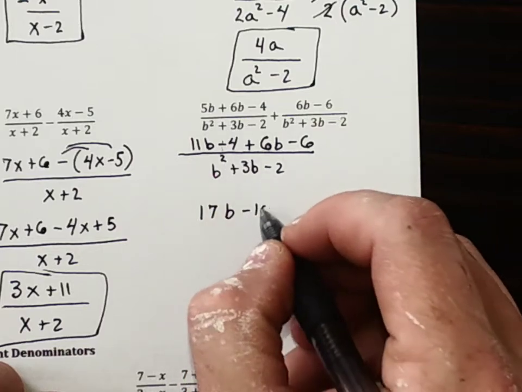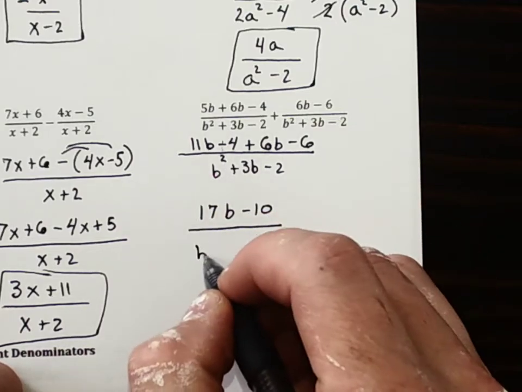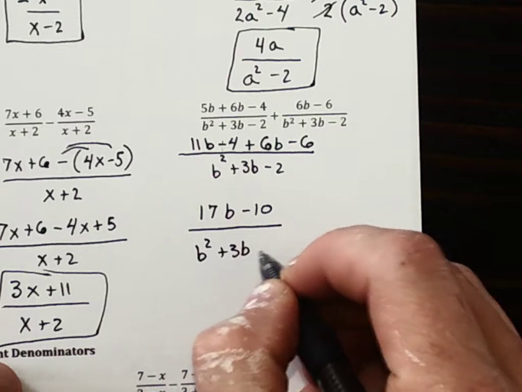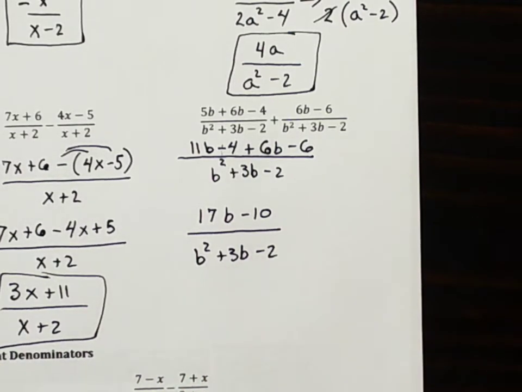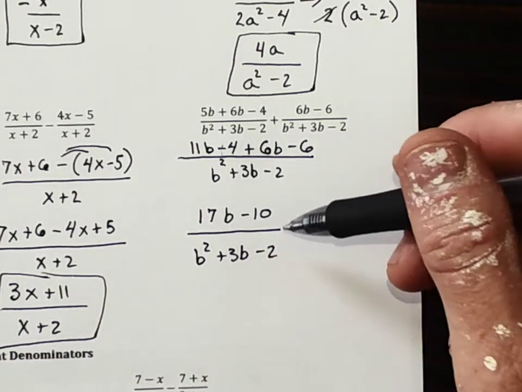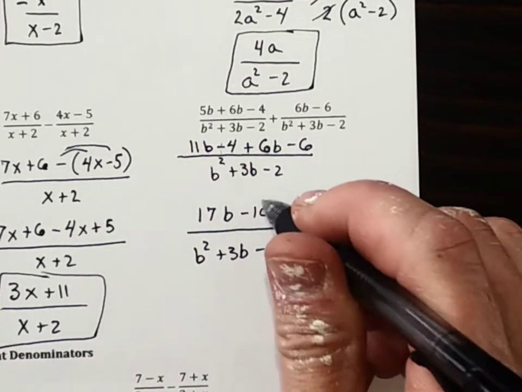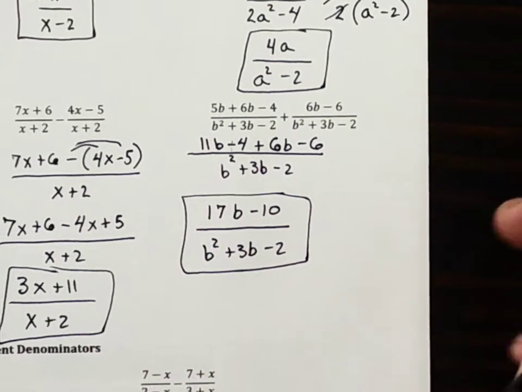Minus 10. All over b squared plus 3b minus 2. Nothing is in common in 17b minus 10. That is going to be your final answer.